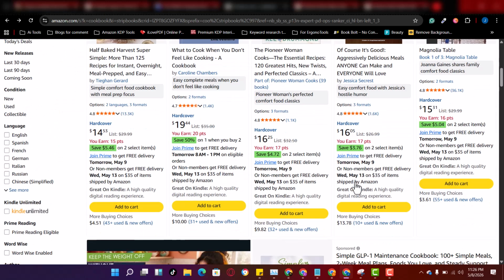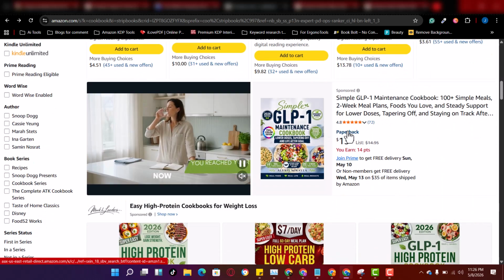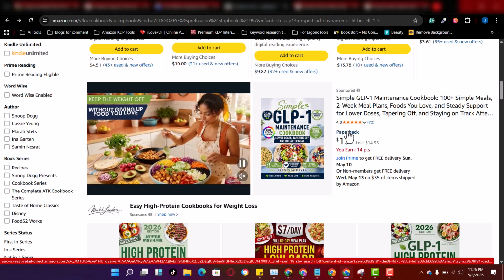But here is the problem. A lot of people don't get sales even after uploading their books on Amazon. And that is because the majority of them don't even know what it is, how to do it properly and actually make sales.